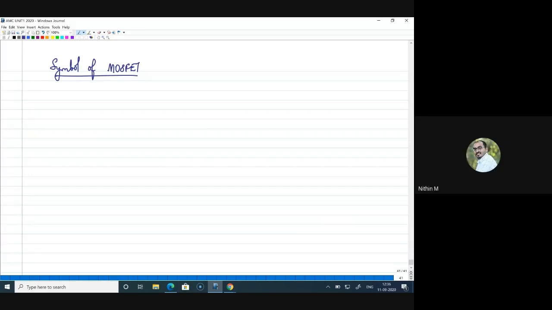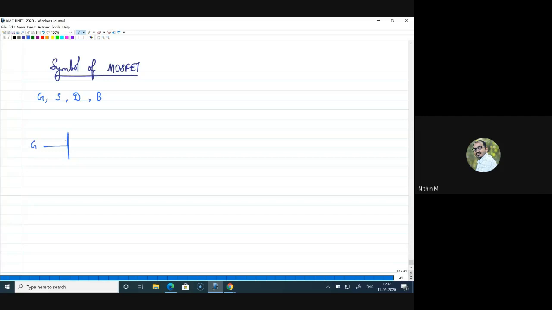Now let us look at the symbol of MOSFET. As we discussed, there are 4 terminals: gate, source, drain, and body. We generally draw the symbol with this as the gate metal layer.